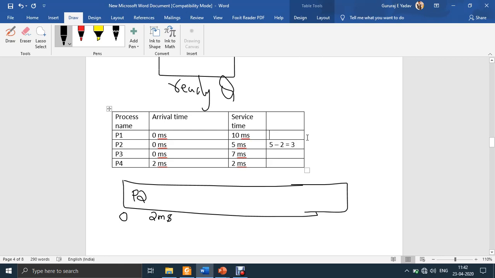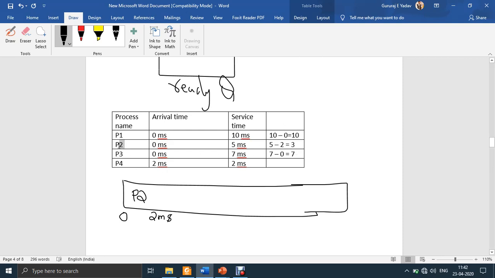What is the remaining time of P1? Since you have not yet executed it, it is 10 minus 0, so it is still 10. What about P3? It is 7 minus 0, equal to 7 only, because you have not yet given P3 the chance to execute.